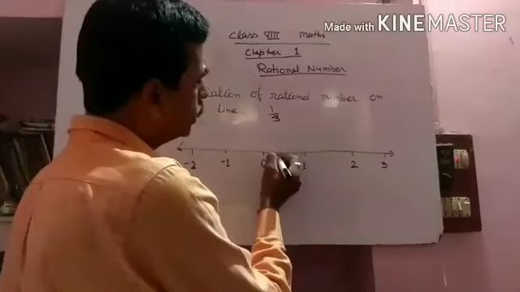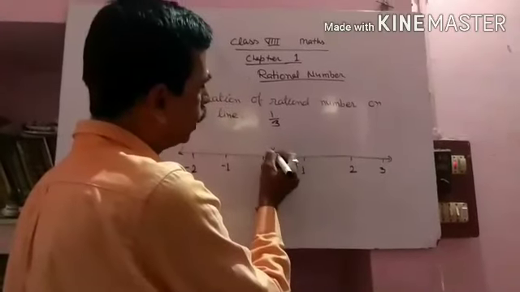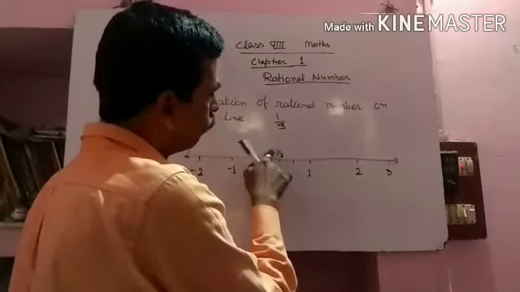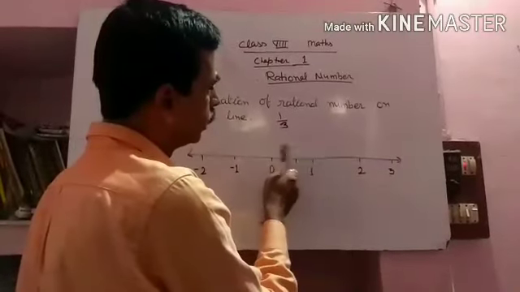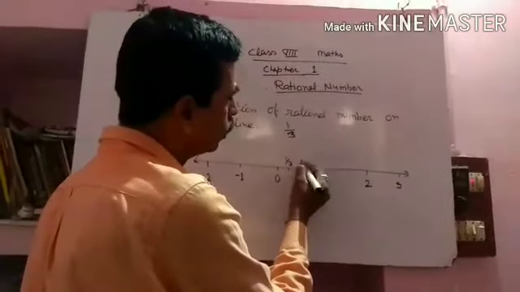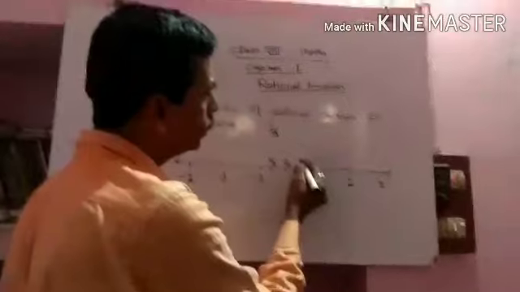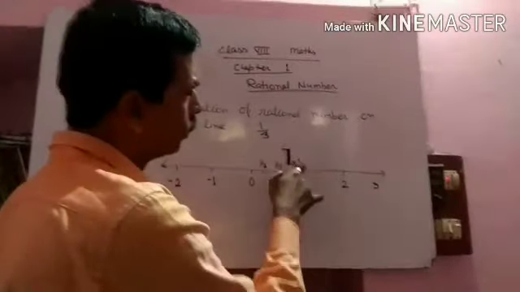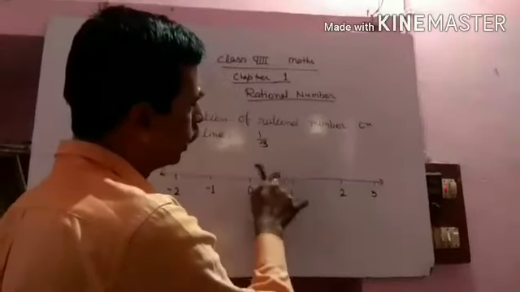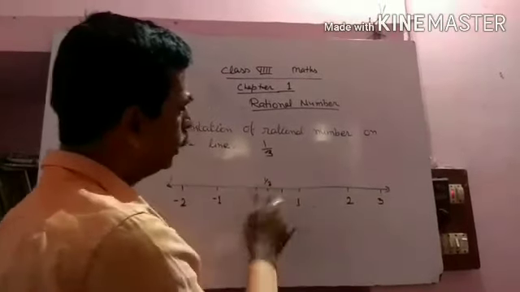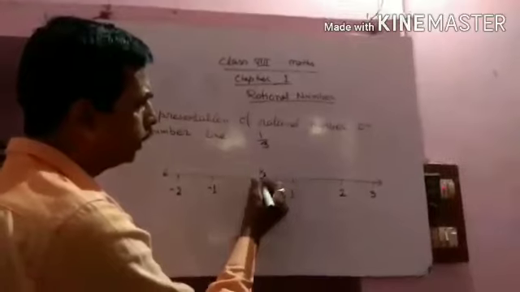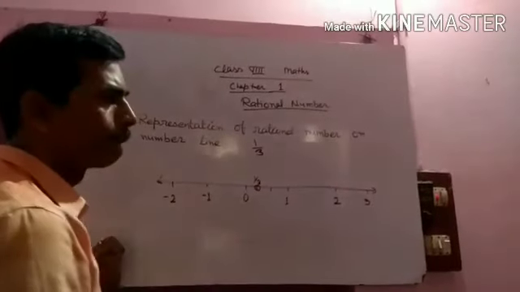This point represents 1 by 3, the first part among 3. This represents 2 by 3 and this represents 3 by 3. 3 by 3 equals 1, that's why we have drawn a complete mark. So 1 by 3 is represented in this place.